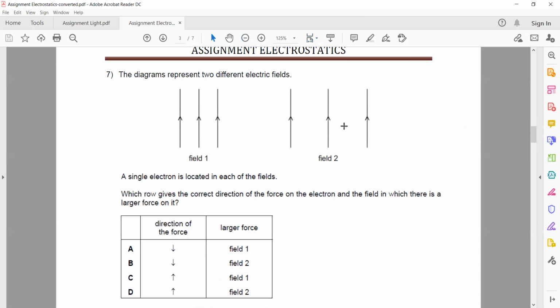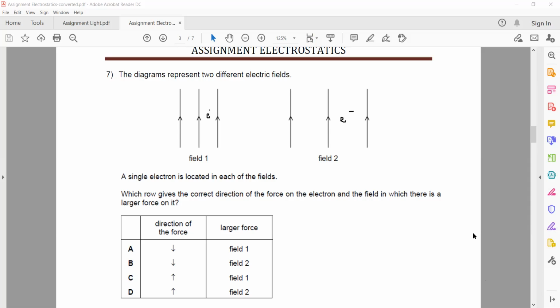Question 7. The diagram represents two different electric fields. A single electron is located in each field, meaning there is an electron here and an electron here. Which row gives the correct direction of the force on the electron, and where there is a larger force on it? Direction of the force refers to the direction in which the electron will move.